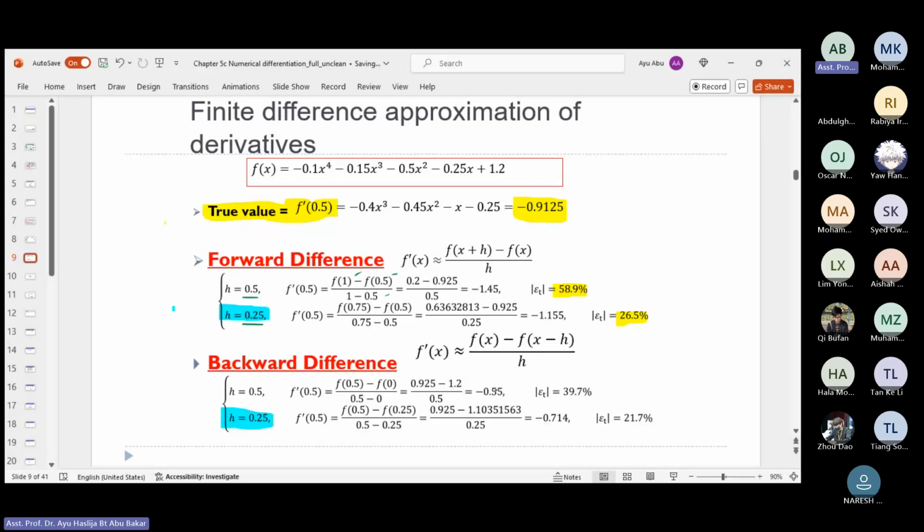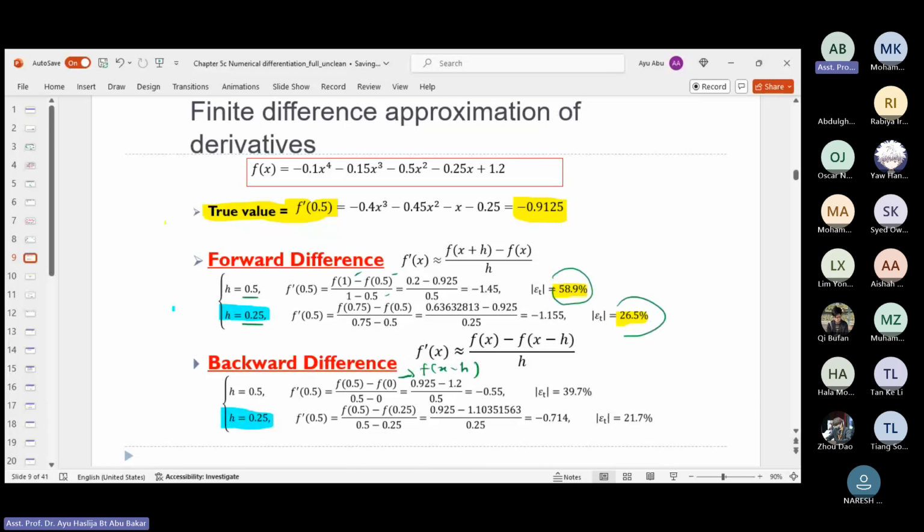Backward, if you do backward, make sure you use the correct equation, which is f(x) minus h. Okay, you get this.